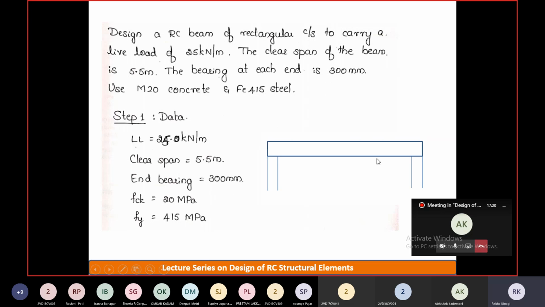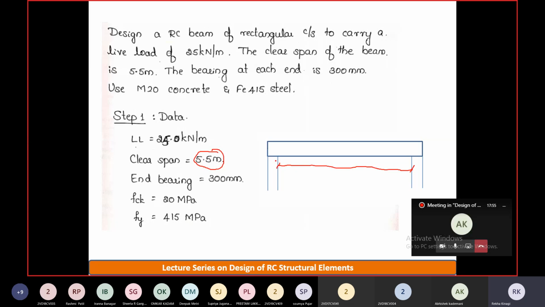So here you are all able to see the beam section in the longitudinal direction. If this is the longitudinal section of the beam, then the in-to-in distance between the supports we call the clear span. This is the support at the left end, this is the support at the right end.